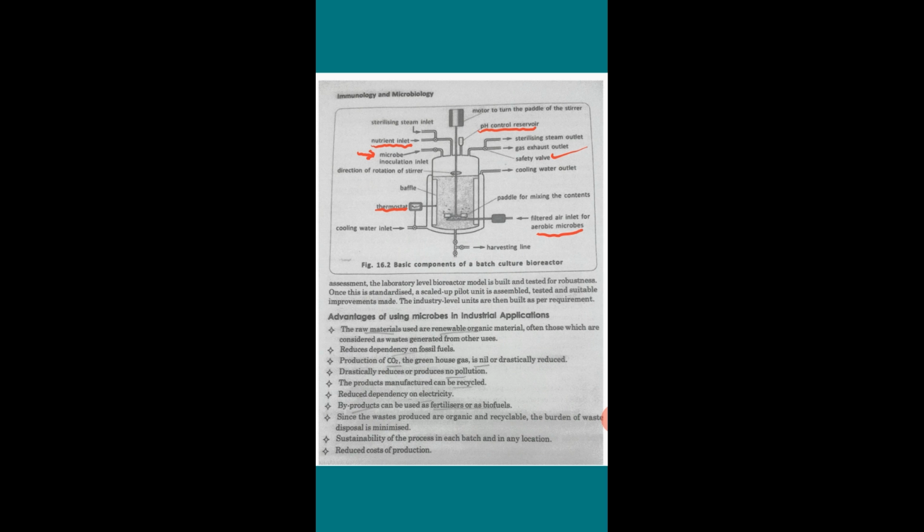Now we can see the advantages of using microbes at industrial level. There is nothing to explain here, but I'll just read out. The raw materials used are renewable organic materials, often those which are considered as waste generated from other uses.